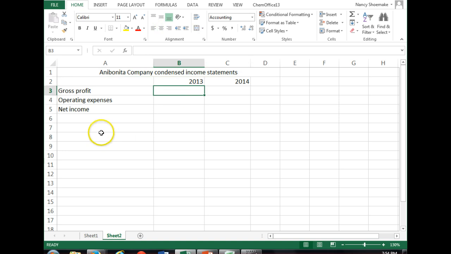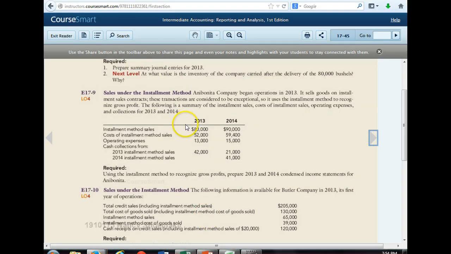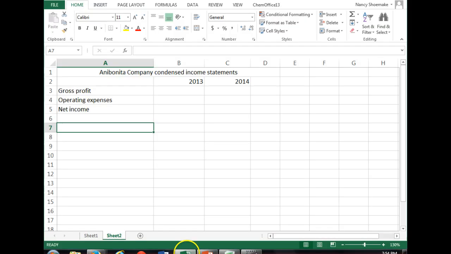Okay. So how are we going to figure out our gross profit for 2013? Let's go back. Let's look at the book. The installment sales, subtract out the cost of the method. Yep. Correct. So we're going to take here 80,000 minus 52,000 is equal to what? 28,000?